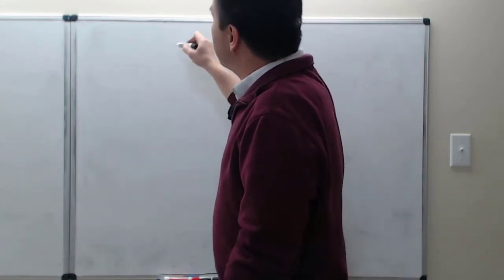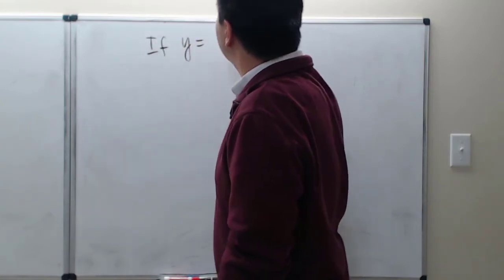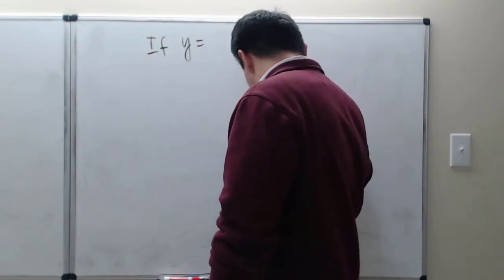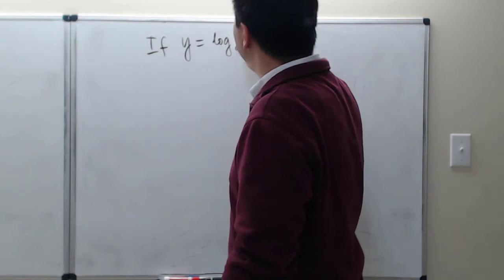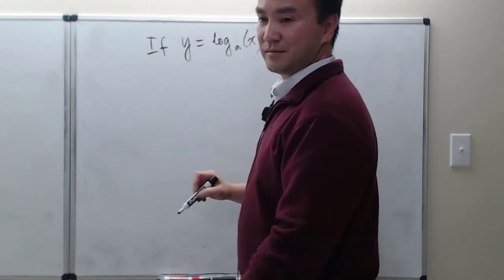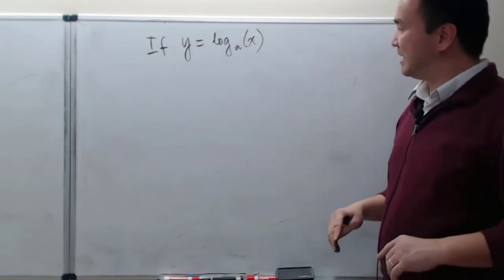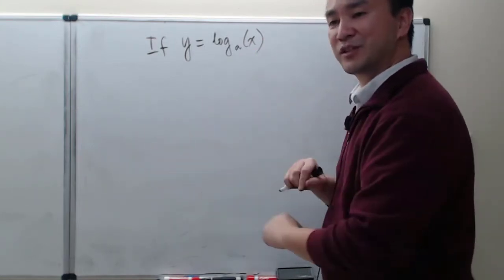So generally, if y equals some log base a of x, not necessarily base e, and base e stays in the same rule, but for now I just want to tackle the general logarithm derivative.